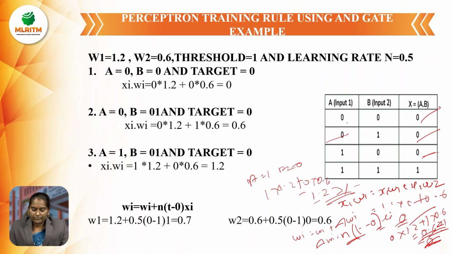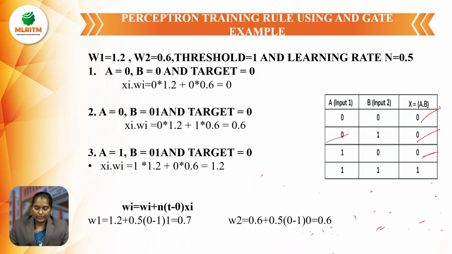So how to calculate? First weight W1: 1.2 plus 0.5 into (0 minus 1) into 1, so 0.7.